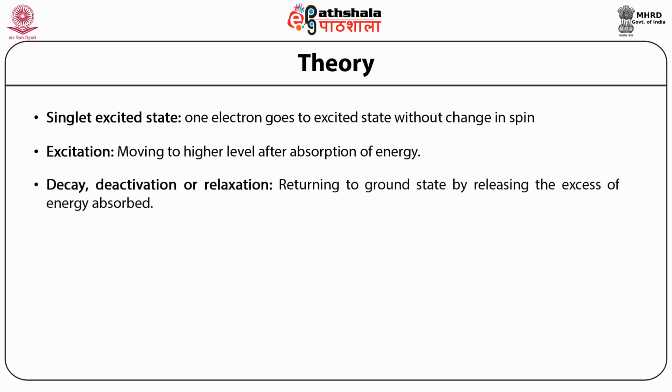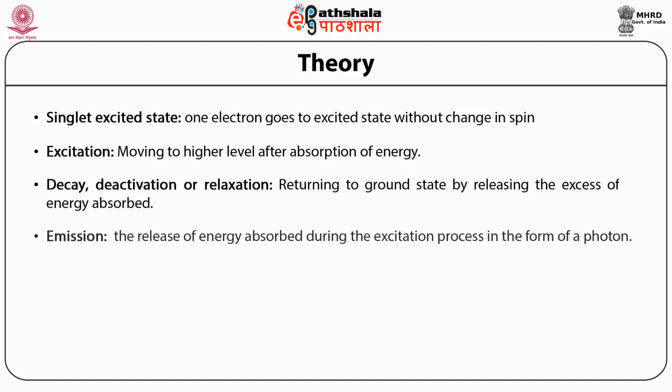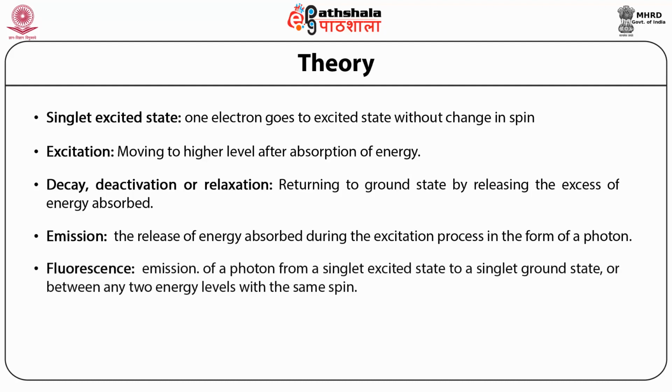Decay, deactivation, or relaxation is the process of returning to ground state by the release of excess energy. It can be by any method: release of energy by collision, by heat, or by emission. Emission is the release of absorbed energy in the form of a photon. Fluorescence is the emission of a photon from a singlet excited state to a singlet ground state, or between any two energy levels with the same spin.